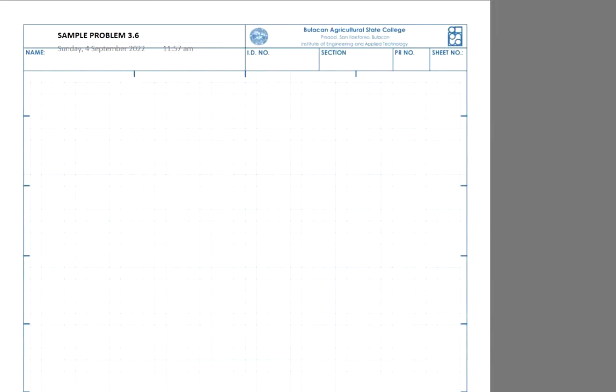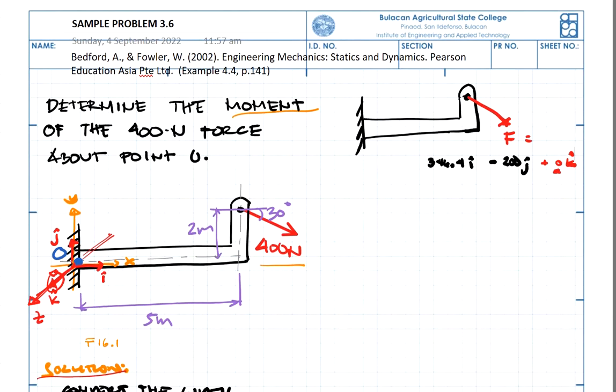Sorry for my drawing. Say this is 5 meters, and from here up to here is 2 meters. From here, we have already converted our force using the vector notation form, which is the value of our force.